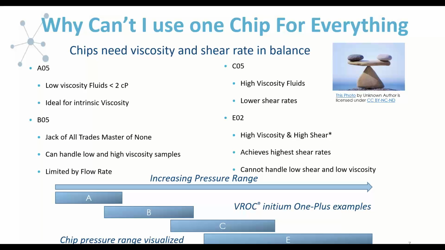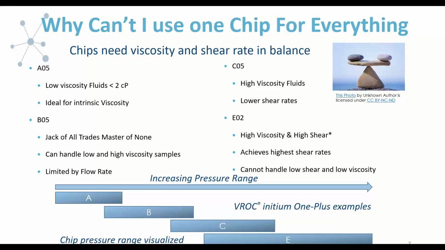And then the C chip is kind of like a more powerful B chip in that it can handle more high viscosity fluids and lower shear rates, but unfortunately, if you have a low viscosity fluid, it can't reach the signal to noise ratio with low viscosity fluids like the B chip can, so it'll miss some data as well.